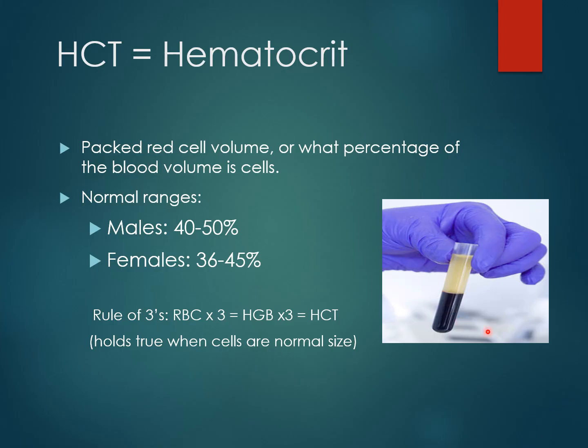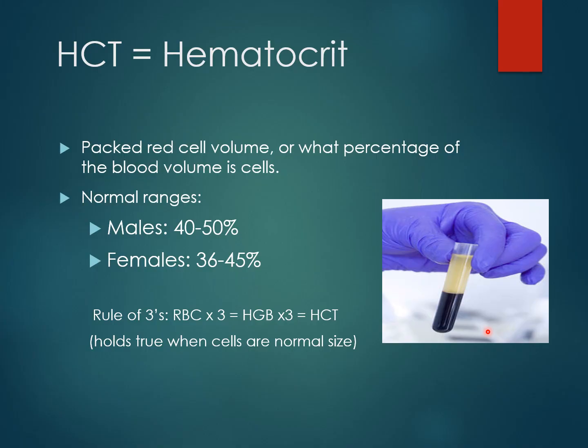Now there's something interesting. If you were to look at a normal patient with a normal red blood cell count and a normal hemoglobin and a normal hematocrit, what we would find is something called the rule of three. This rule of three is as follows. We would take the red blood cell count times 3, that would equal the hemoglobin, and then the hemoglobin times 3 would equal the hematocrit.